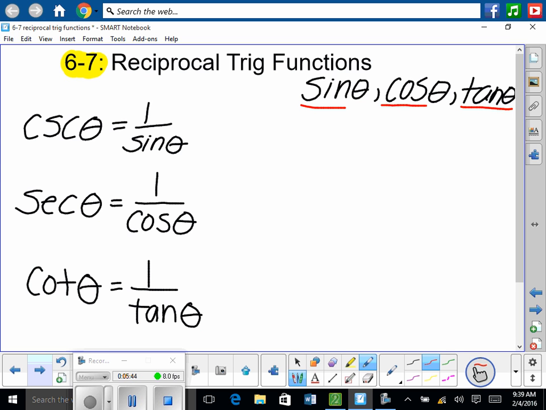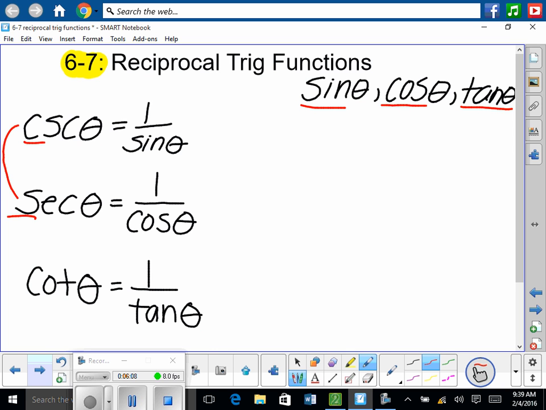Now, a lot of people tend to get these two confused. I even catch myself sometimes saying, which one is cosecant, 1 over cosine or 1 over sine? So do you see how it starts with a C? You go with the opposite. Sine doesn't start with a C, does it? So we use 1 over sine. This is a little trick I use, because sometimes I'm like, secant, is that one sine or cosine?